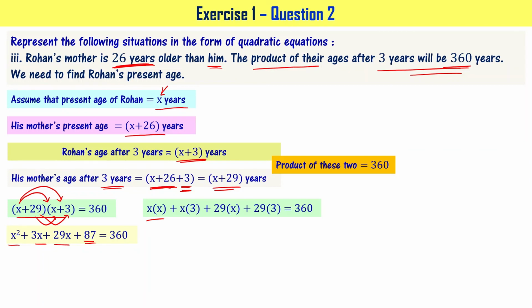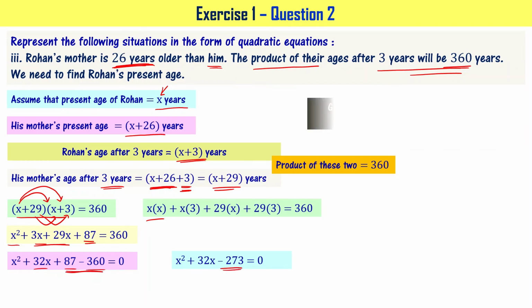Now let me transpose this 360 to the other side so that I can write the equation as x square plus these two together is 32x plus 87 minus 360 equal to 0. That can be further simplified and written as x square plus 32x minus 273 equal to 0. Plus 87 minus 360 is minus 273.